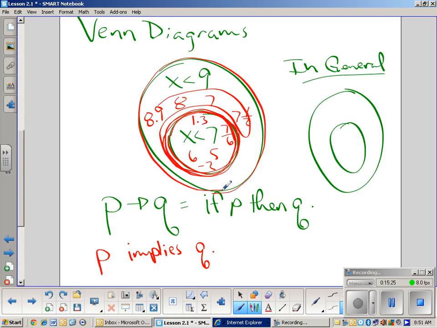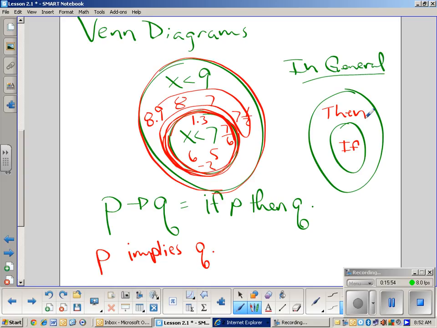So in general, the if part of a statement has to go inside the smaller circle. The then part of the statement goes in the outer circle. So when they ask you to take a statement and write it as a Venn diagram, just remember the if part goes in the smaller circle, the then part goes into the larger circle.